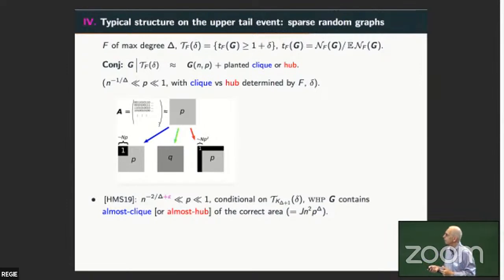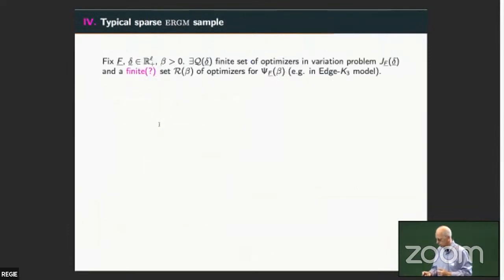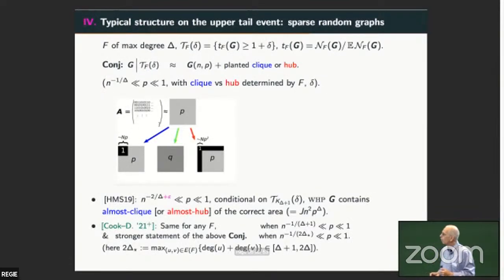They did not prove that the part on the side remains unchanged, but they proved that there exists this approximate black pattern. In this paper, written with Nick Cook, we verified that the same applies for any F, for any pattern, in a domain that is determined by the domain in which we can do the first part.